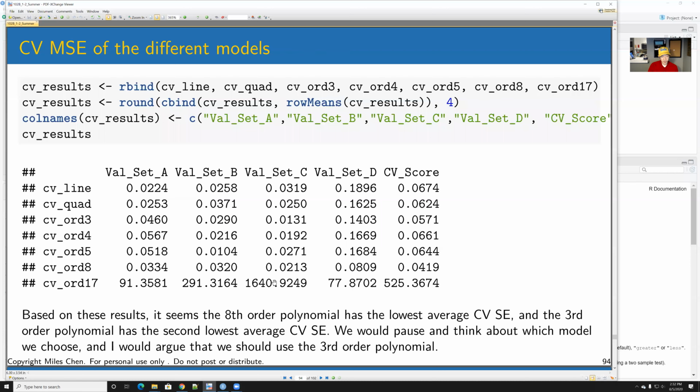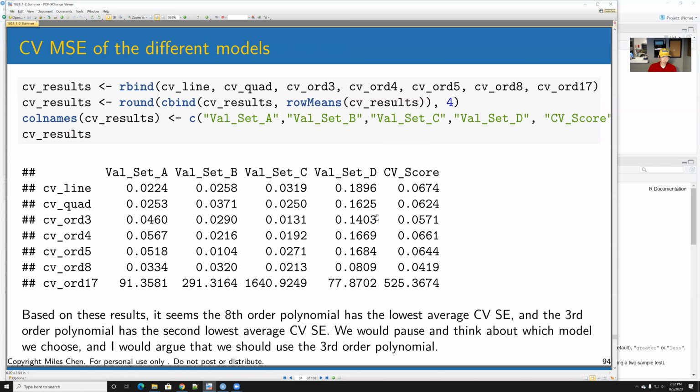And for validation set C, we can see the 17th order polynomial did quite poorly. It actually does poorly for all of the different validation sets, okay? And what we would do here is we would look at the overall cross-validation score, and we would go off of this, okay?